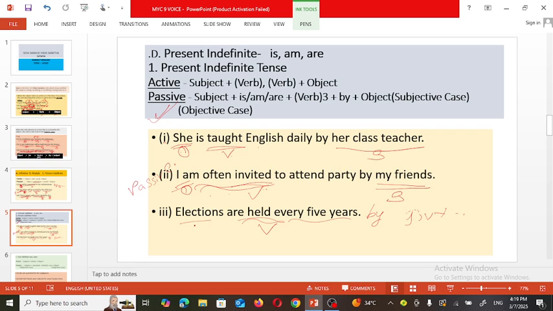Whatever answer you get when you ask the question to the verb is your object. And the action is done by whom? In some cases it won't be mentioned, like in this example: by the government is not mentioned here.